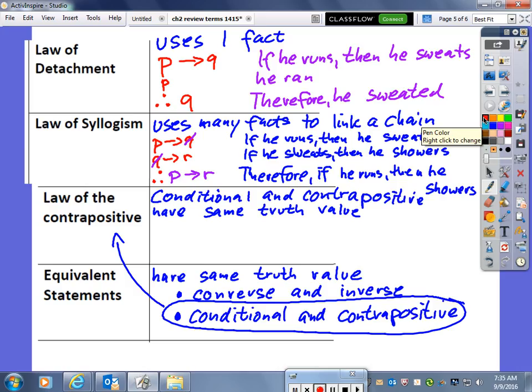Let's look at an example. If P, then Q. Therefore, if not Q, then not P.